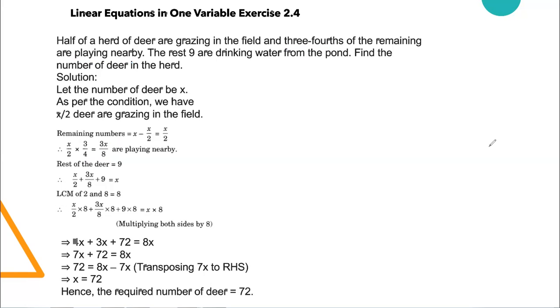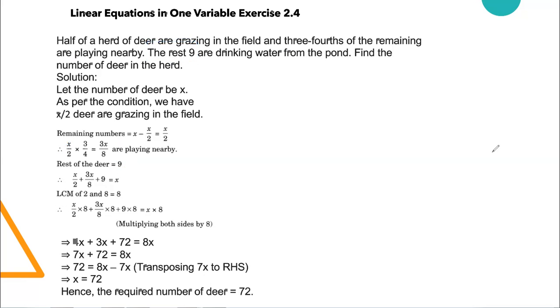Now hope you got until here without any doubts. Let's go on with the question. The question says the rest 9 are drinking water from the pond. So we know the rest number.